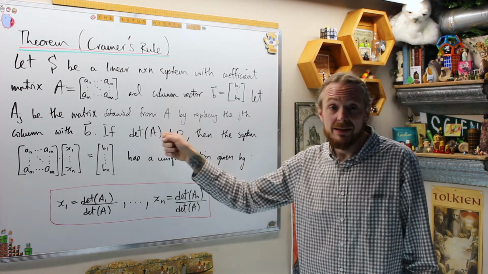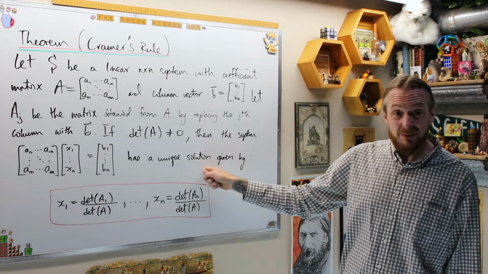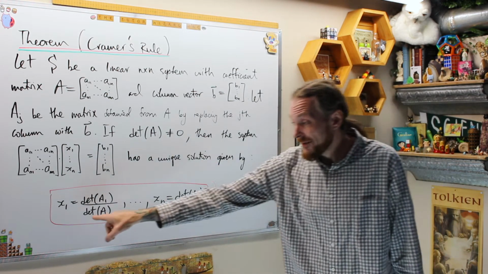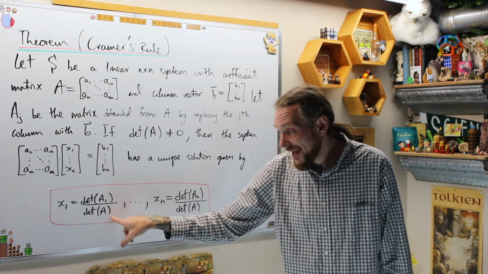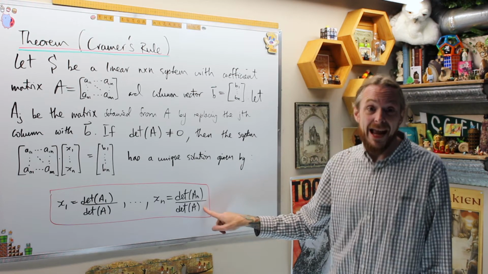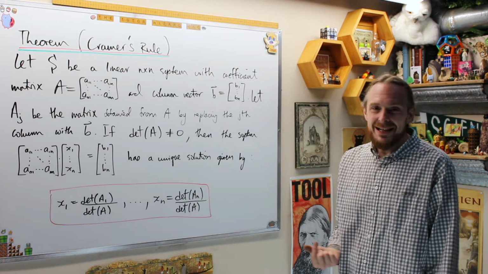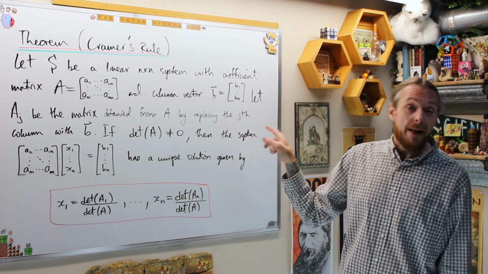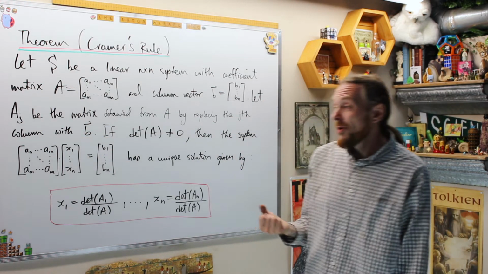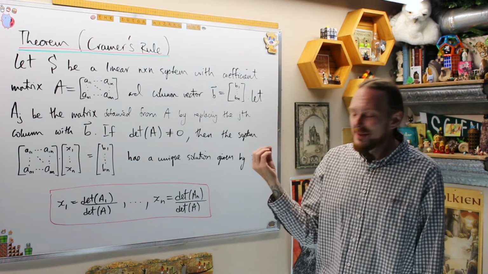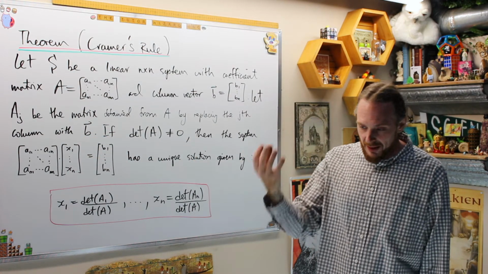If the determinant is not zero, the system has a unique solution, first of all, and then it explicitly gives you the solution: x1 is the determinant of A_1 over the determinant of A, and so on, up to xn is the determinant of A_n over the determinant of A, where, as I prepped you in the previous scene, A_j is the matrix obtained from A by replacing the jth column of A with the vector b. Let's do this explicitly for a 2x2 and a 3x3.